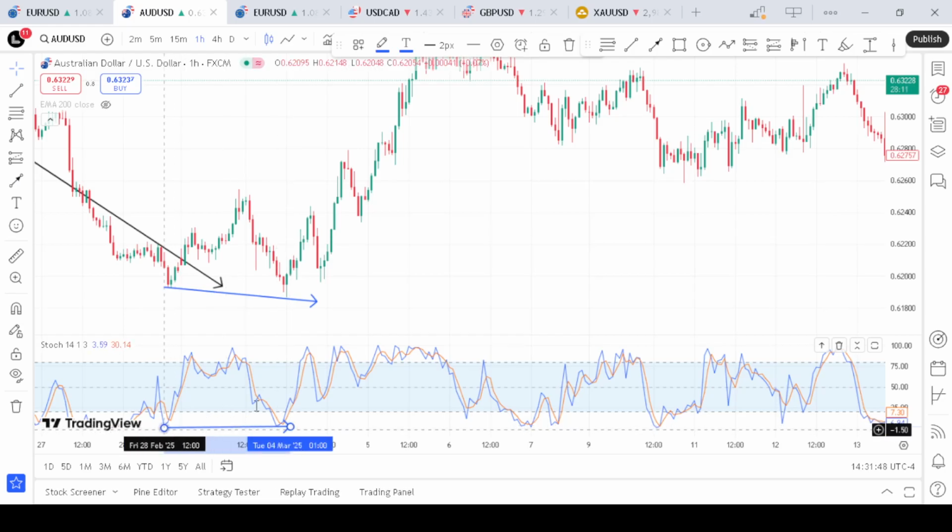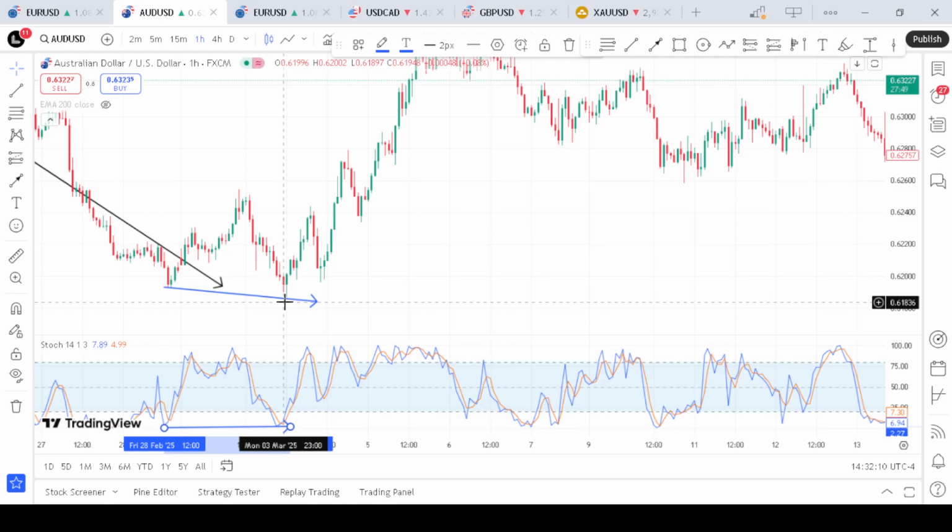So there is a divergence in this area. This further confirms that it is a bullish divergence, where price makes a lower low and the stochastic fails to do the same thing that price was doing.